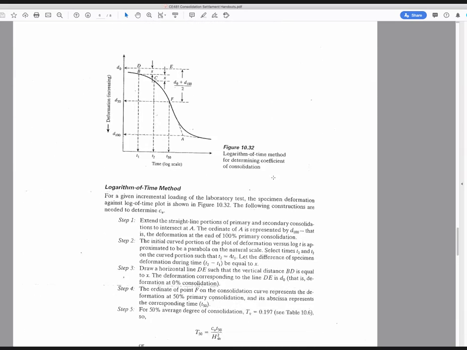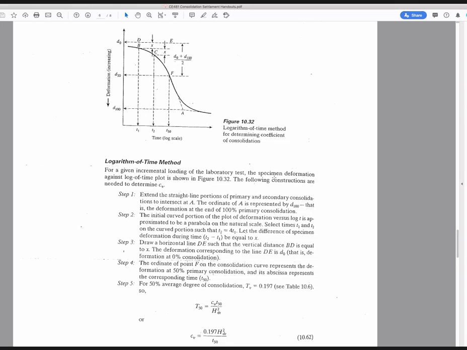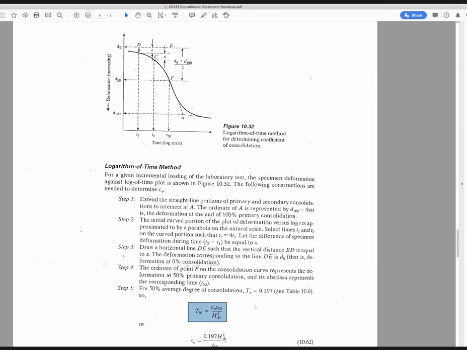Now, I'd like to show you 2 methods that can be used for laboratory data, and you'll be using these in homework number 5. These are both methods to arrive at C sub V. And what do you know, you're going to use this same equation again that I said you'll be using a whole bunch. We'll get to that in just a minute. The first is called the logarithm of time method, sometimes called the T50 method because it applies to determining the T50, as you'll see.